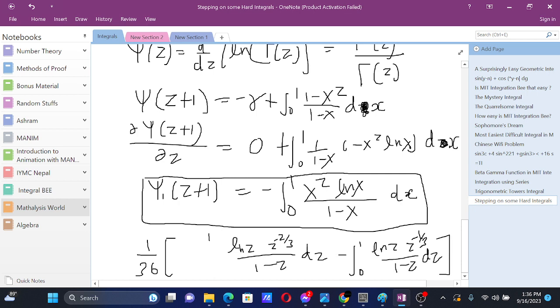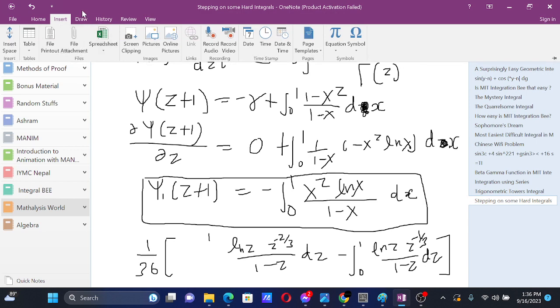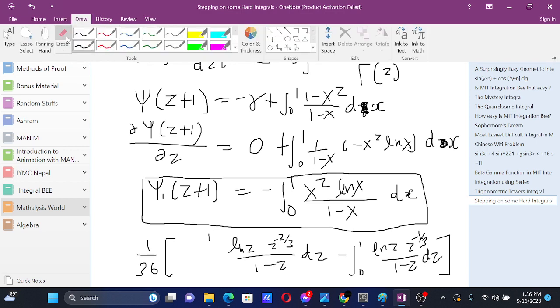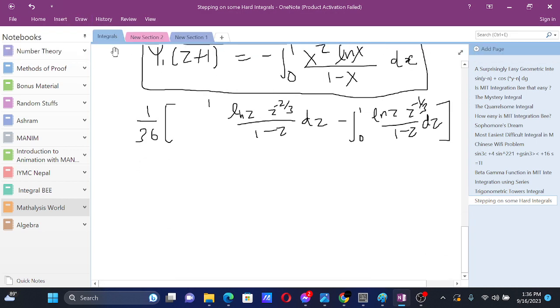Now since this is in the standard form, we can use the trigamma function over here. This is just the trigamma function of minus 2 by 3 plus 1.